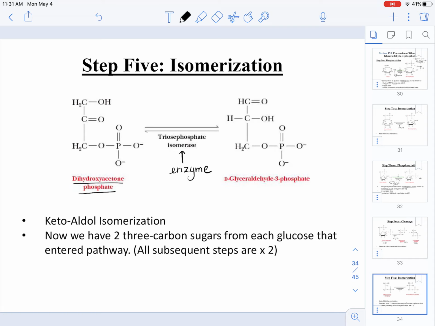So understand that this isomerization is through a keto aldol isomerization. And by the end of step 5, we are going to have 2 molecules of glyceraldehyde 3-phosphate, because remember that in step 5, we're going to take one of the 2 products from step 4, aka the dihydroxyacetone phosphate, and we are going to be isomerizing it to another molecule of glyceraldehyde 3-phosphate.